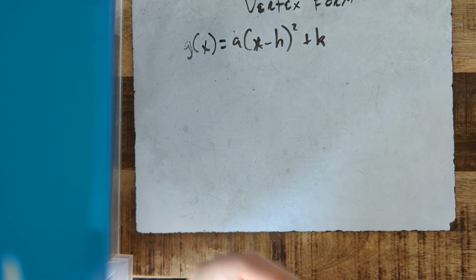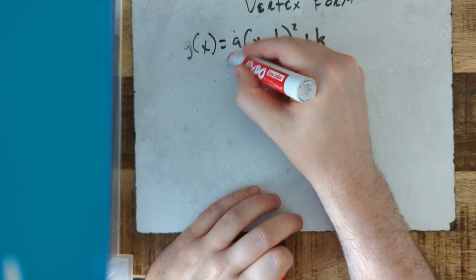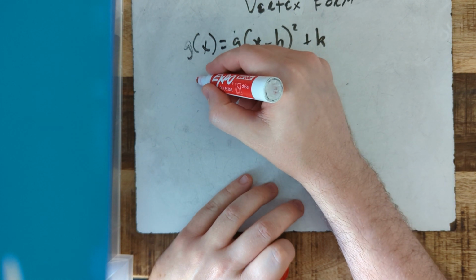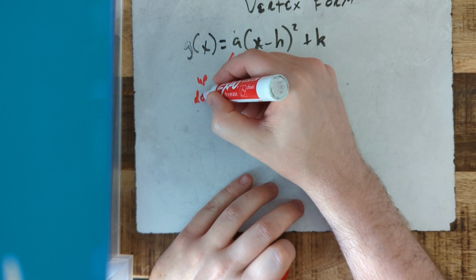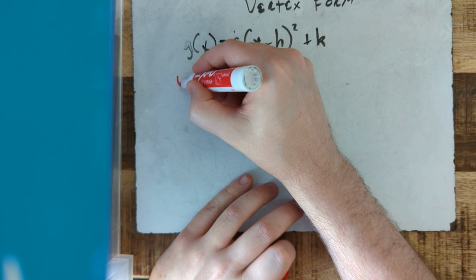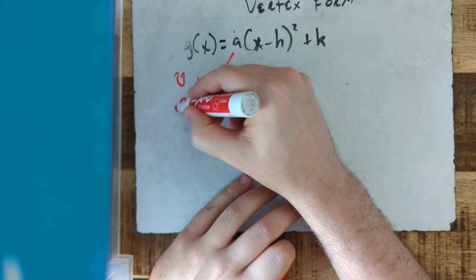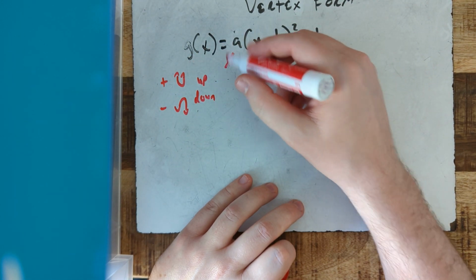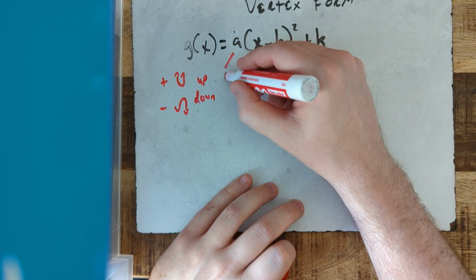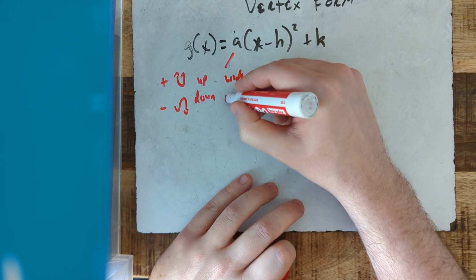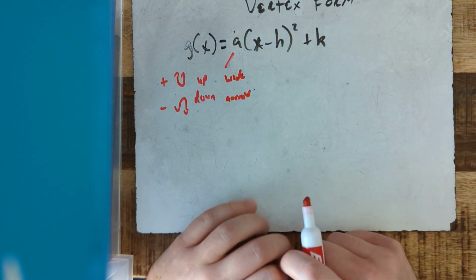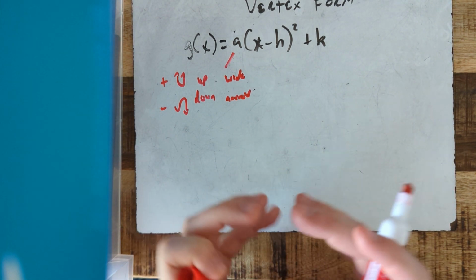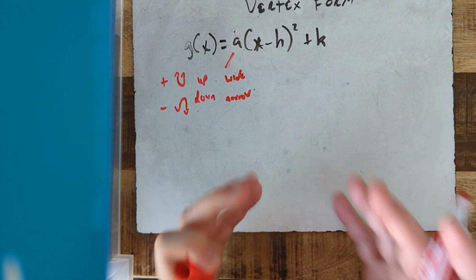Remember, our a tells us if our parabola is opening up or down, depending on whether it's positive or negative. It also tells us if it's going to be wide or narrow. If a is greater than 1, it's a narrow graph, and if it's less than 1, it's a wider graph, okay?